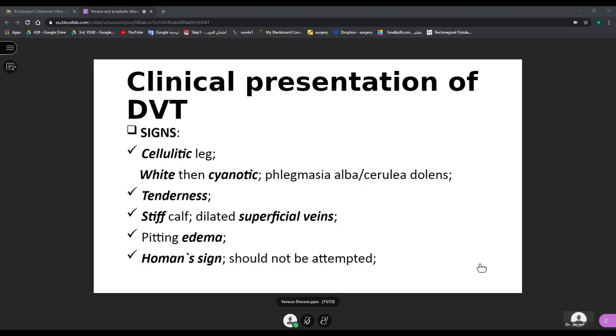But nowadays, Homan sign is not recommended because there is a hazard that this extension of the lower limb and dorsiflexion might dislodge a thrombus found in the vein. If this thrombus is dislodged, it can travel to the heart and cause pulmonary embolism. So there is a risk in eliciting this Homan sign, and currently it is recommended that you don't attempt to do this test.